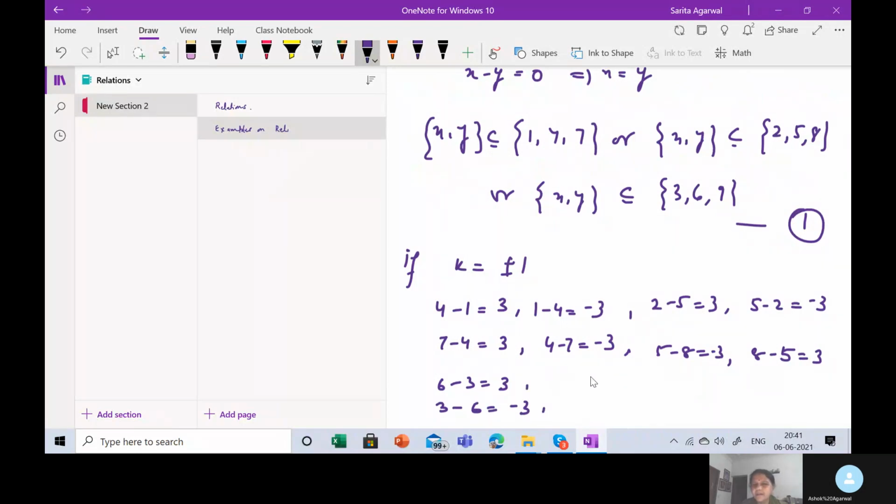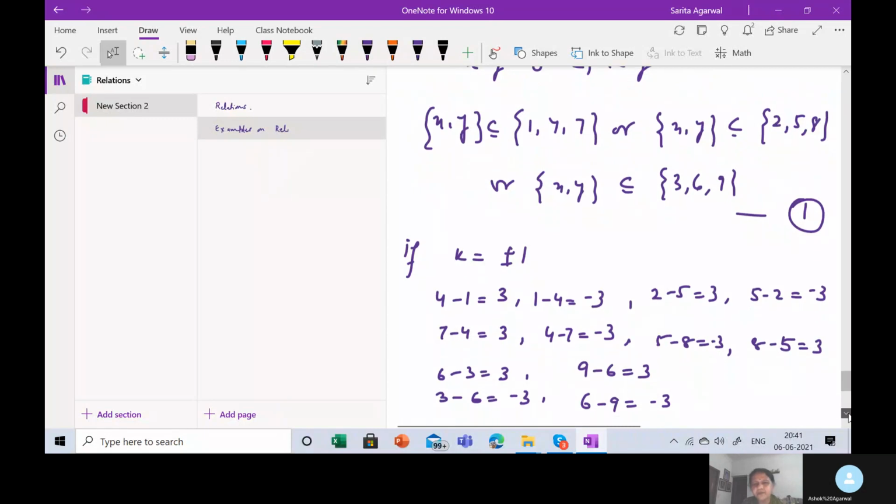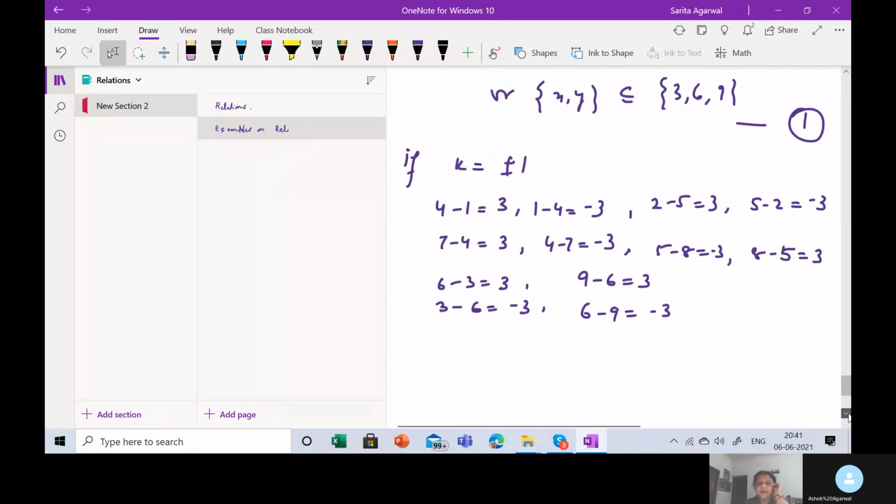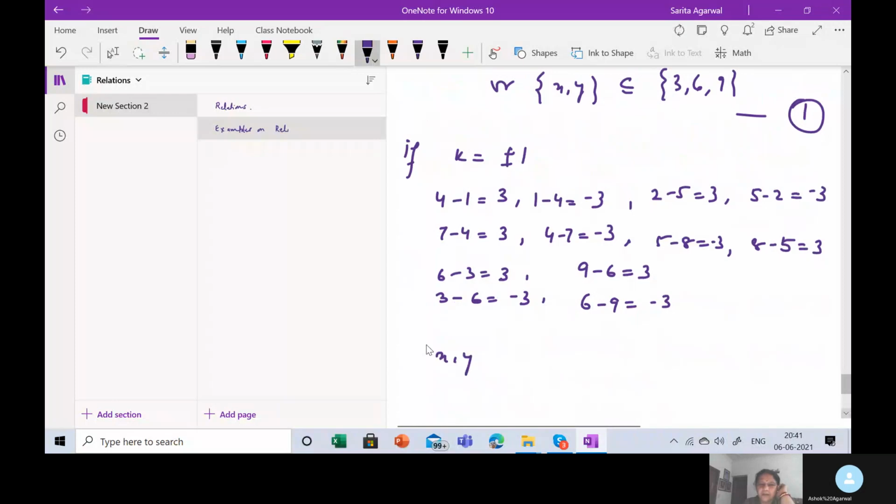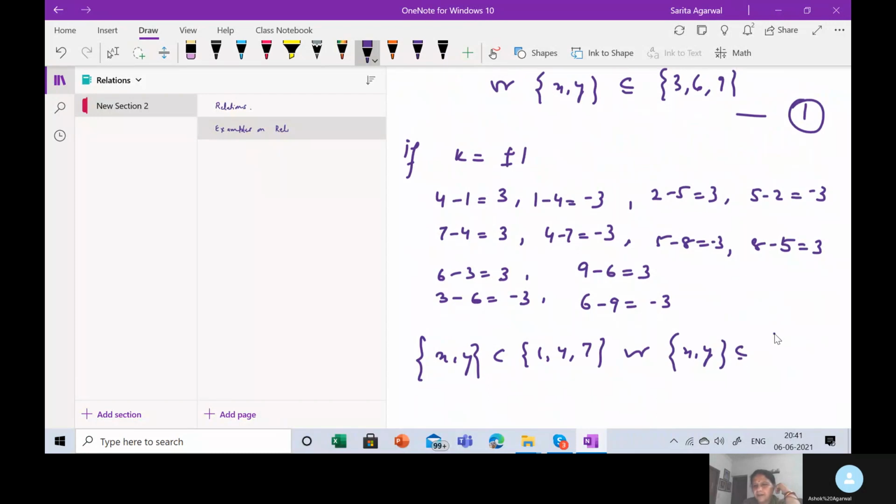Then 9 minus 6 is 3, and 6 minus 9 is minus 3. So it covers it. xy can be chosen from 1, 4, 7, or 2, 5, 8, or 3, 6, 9.